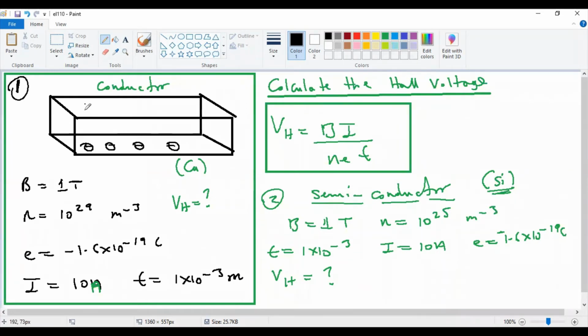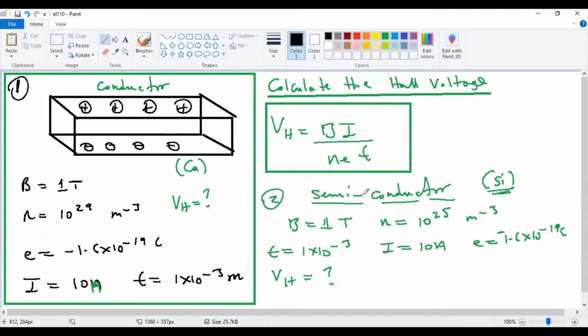Then you're going to have positive charges accumulate on the opposite face of the wire. This charge separation is what the Hall voltage is. So in order to calculate this, VH is equal to BI divided by NET. All right, so you can make that calculation for me. We know what B is, we know what I is, we know what N is, we know what E is, and we know what T is.